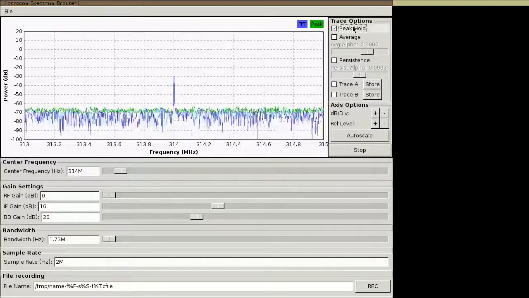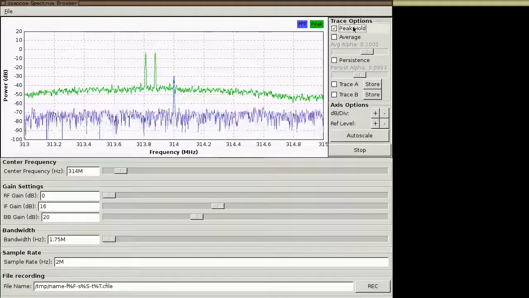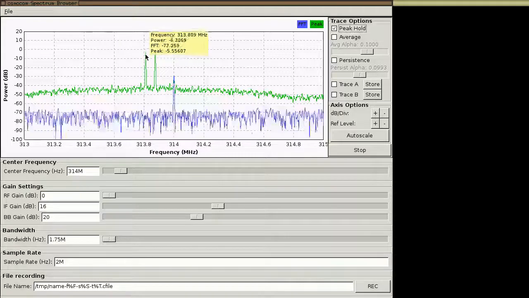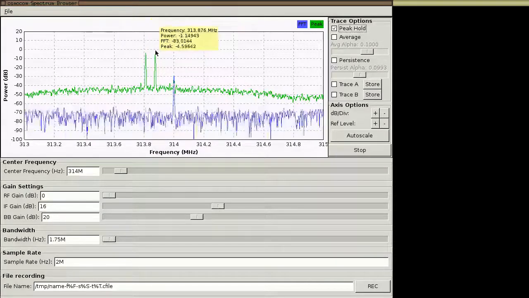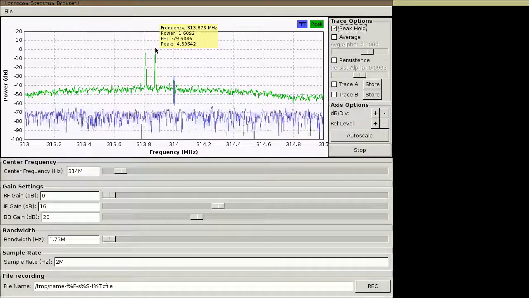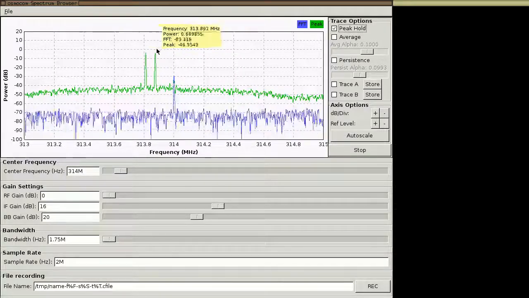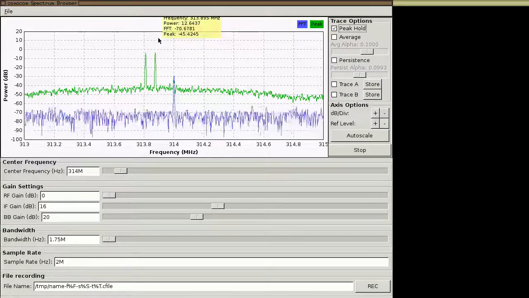If I press peak hold, then you can clearly see those 2 peaks, not just one peak like we saw with the garage door opener remote, but 2 distinct peaks. And that suggests very strongly that this is 2-level or binary FSK, frequency shift keying.